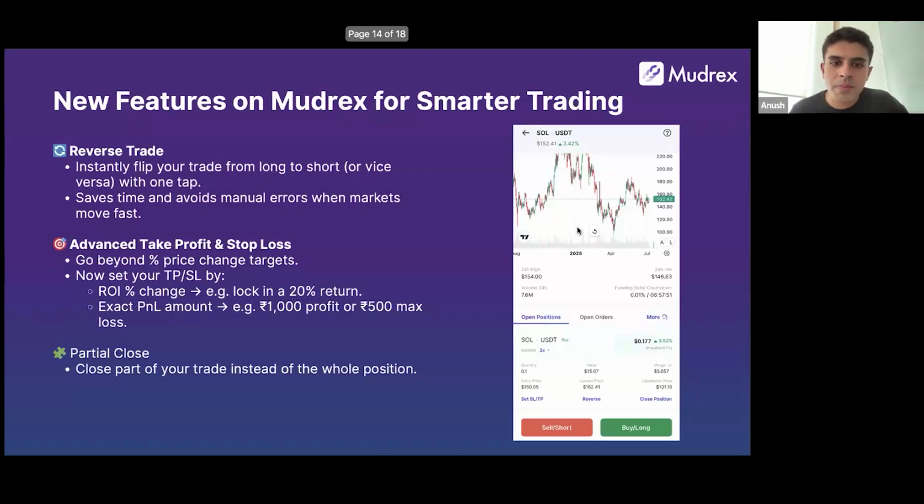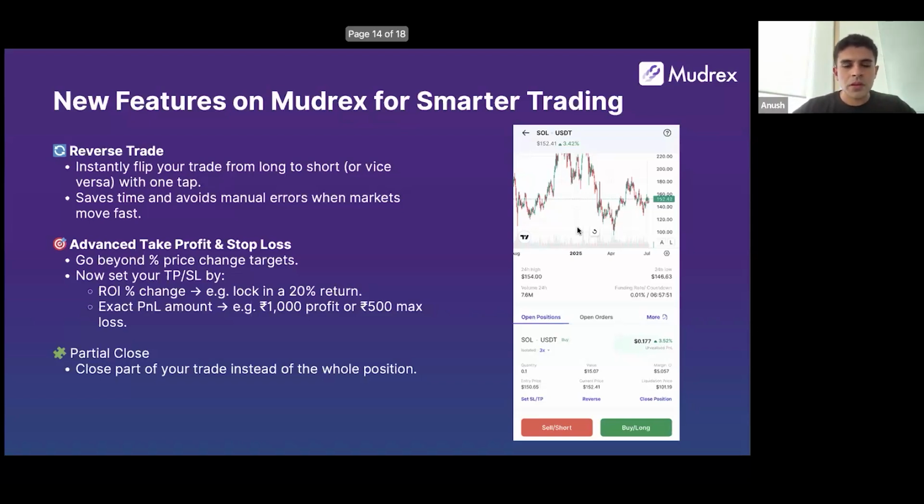So basically, now with partial close, you can choose to close only a portion of your position. So let's say you're long on Solana with one Sol position. Solana pumps, goes up, and you want to secure half your gains. So now you can close 0.5 Sol and keep the other 0.5 Sol open. Okay.